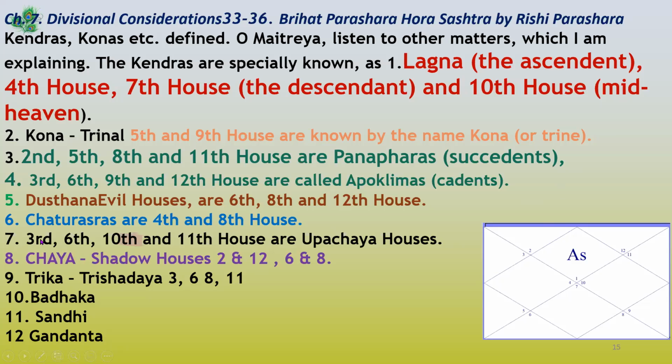Then we come to the third, sixth, 10th and 11th houses, which are the upachaya houses, meaning growth. Planets here tend to get better and better over time. So let's say you are Gemini rising and you have Mercury in the third house in Leo.